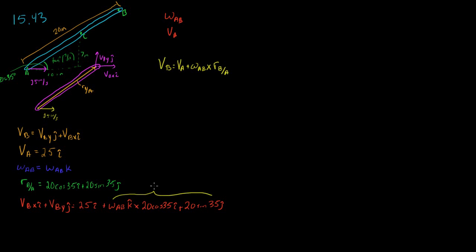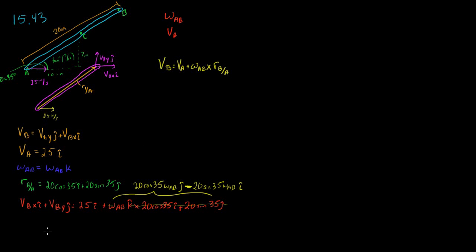We get 20 times the cosine of 35 omega AB, k cross i, which is a j, plus 20 sine of 35 omega AB, and this last thing is a k cross j, which is a minus i, and so we put our i here and distribute the minus sign. So this becomes our equation.